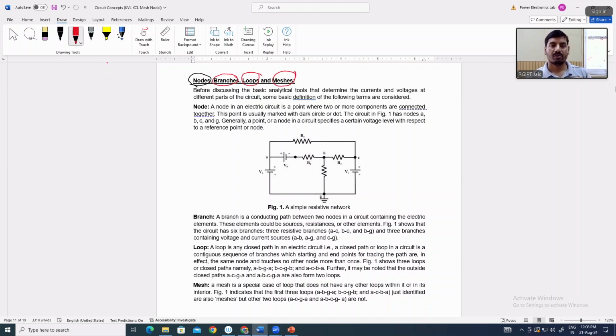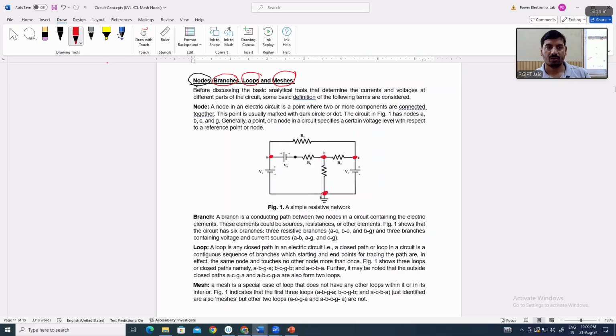In figure 1 you can see that this is a simple resistive network. In that resistive network, this point A, point B, point C, and point G, these are the nodes.